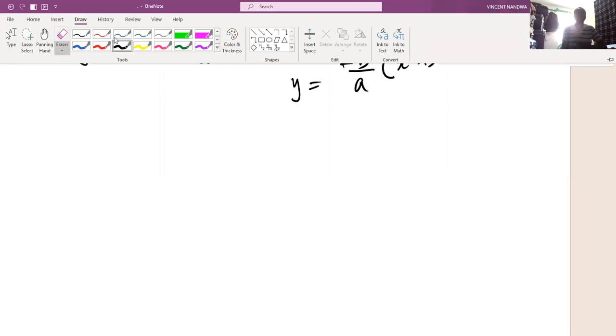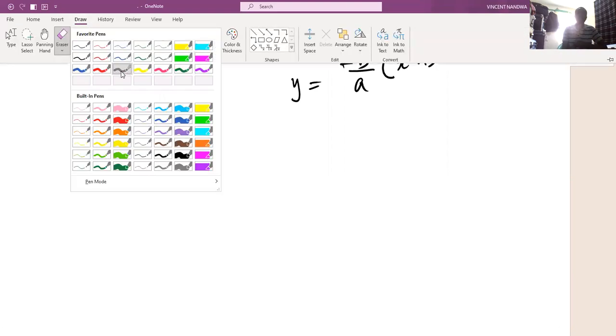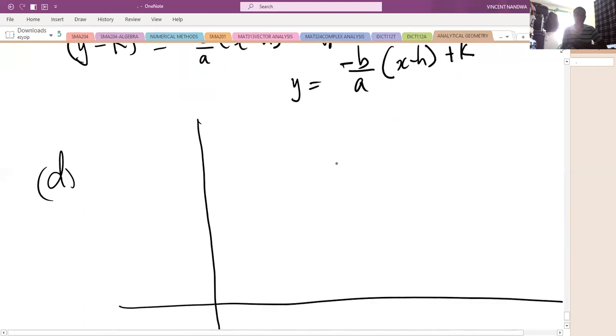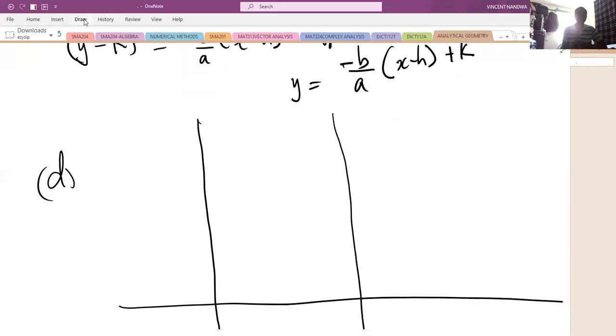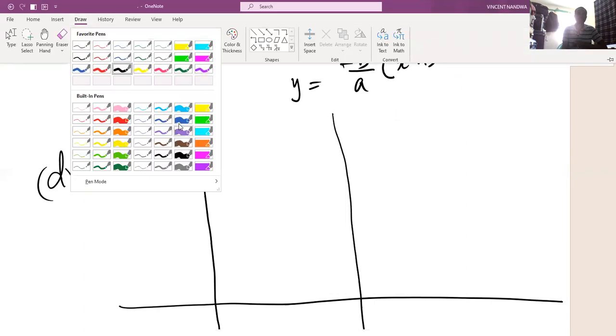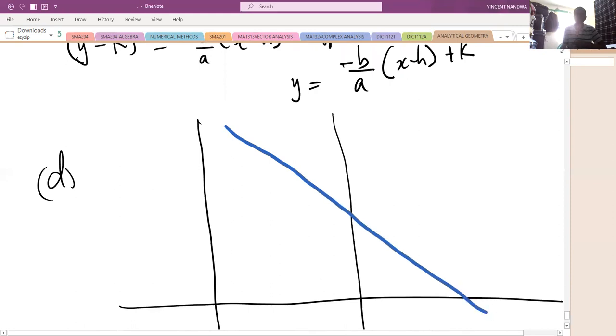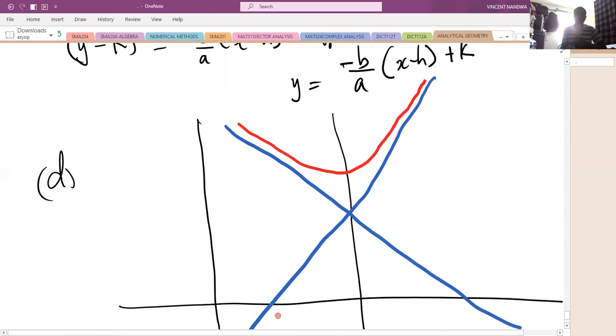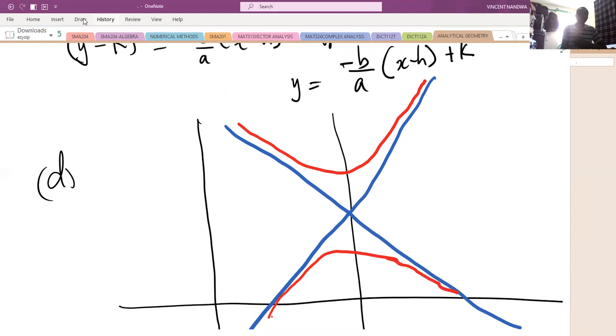So D, when this is the case, this is a hyperbola.